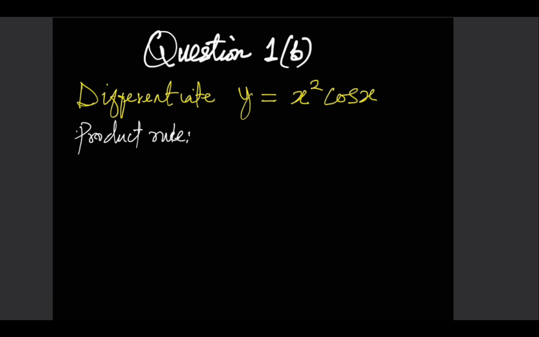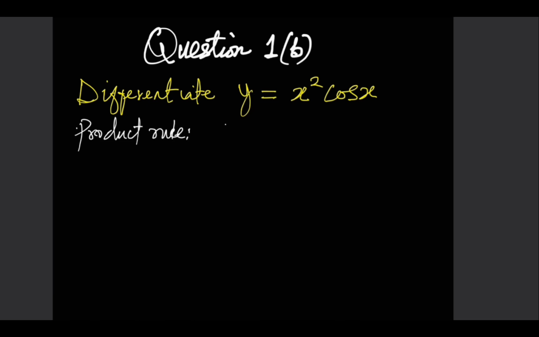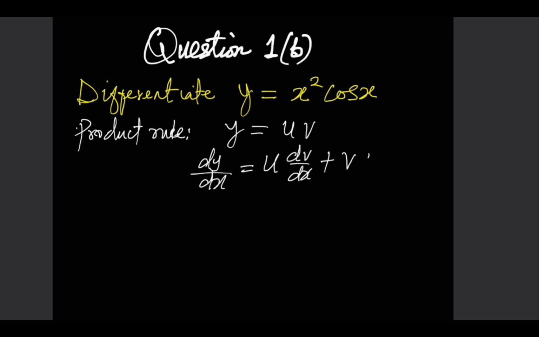The product rule tells us that if I have y equals uv, with u being x squared and v being cosine x, then the derivative of y with respect to x will be equal to: keep u constant and take the derivative of v with respect to x, plus, this time, keep v constant and take the derivative of u with respect to x.